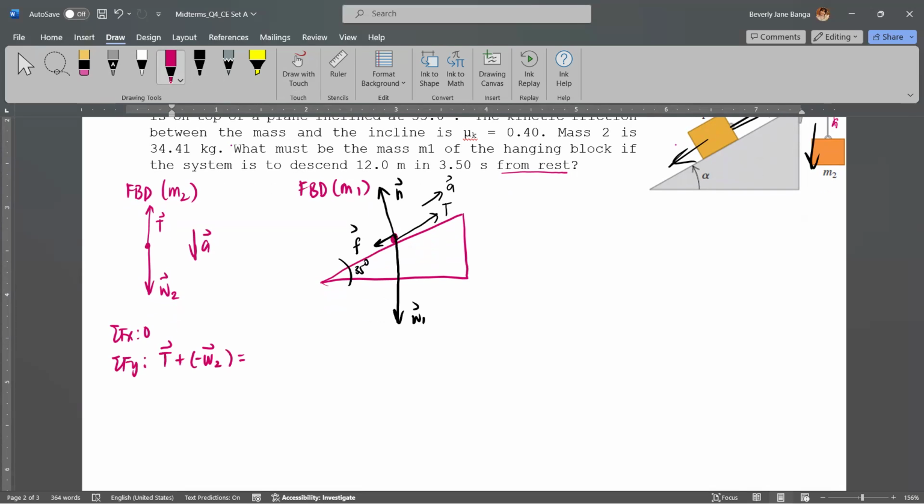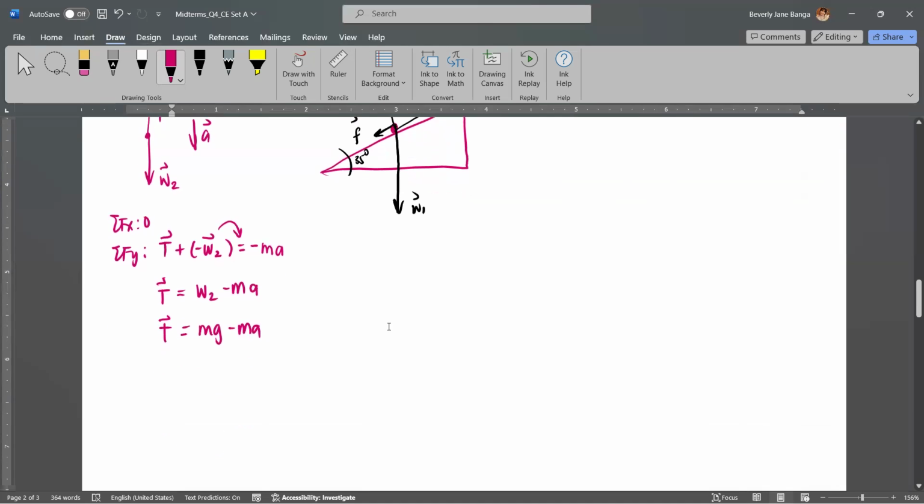Pero we need to take note, A is in the negative direction. So, this becomes negative MA. Okay? So, transpose lang natin to sa kabila. You have tension is equal to weight 2 minus MA. So, this is simply mg minus MA. Diba? Kasi ang weight is mg. And then, tension now is simply M times G minus A. So, pinag-isa ko lang.